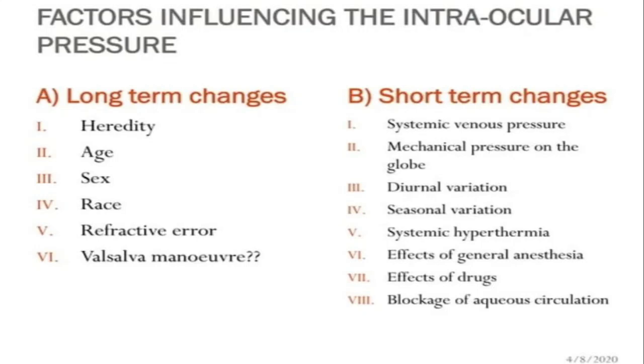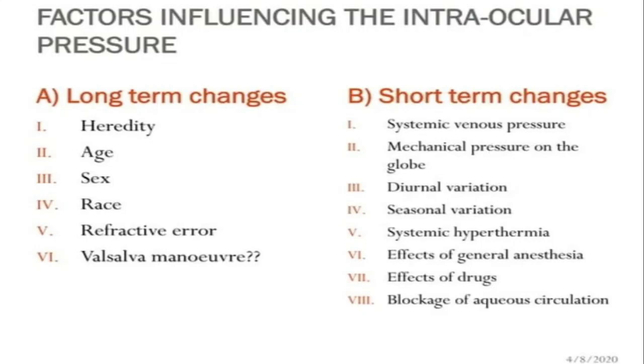Short-term factors that can influence IOP include: number 1, physical activity. Exercise and physical activities can cause a temporary increase in IOP. Number 2, body position. Changes in body position such as bending over or lying down can cause temporary changes in IOP. Number 3, eye drops.